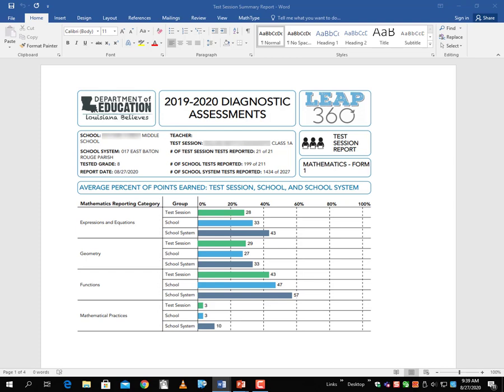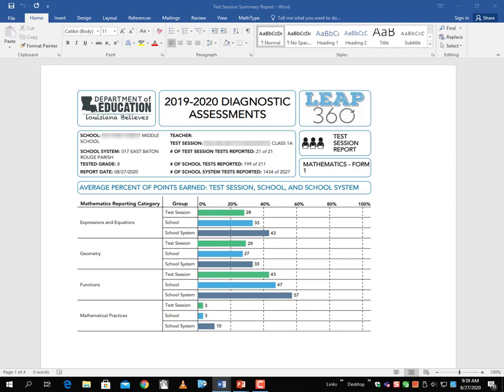So notice there are quite a few students in the district that did not complete all test sessions, or it could also mean that they did complete it, but the teacher did not go in and score the written responses. Okay, so just want to make a note of what all this part right here means.